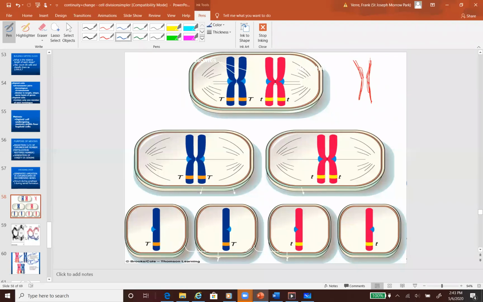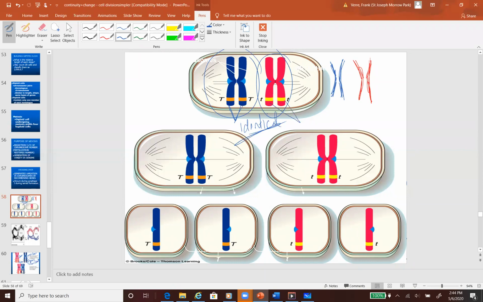The same thing happens in meiosis, exactly the same thing. So if this is your mother set in blue, then it's going to make a copy. And that's what you're seeing here, right? These two are identical. There's no difference between them, okay?